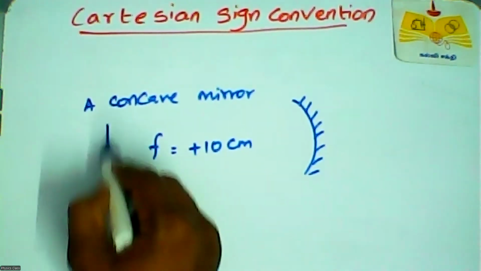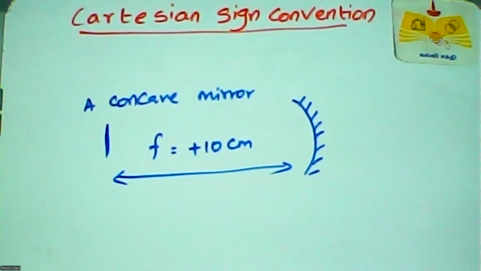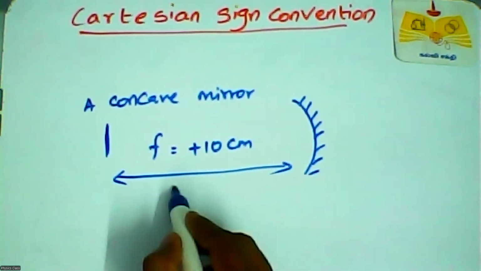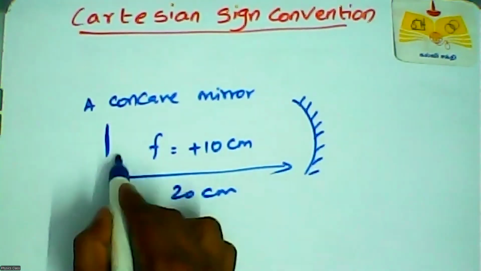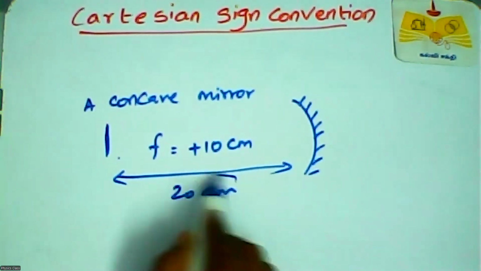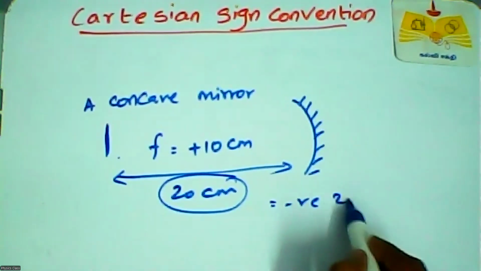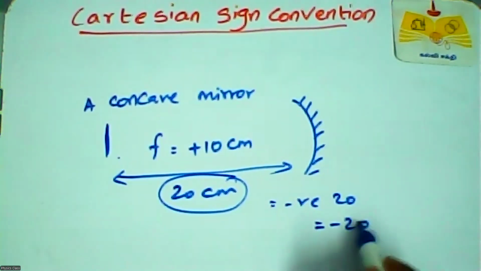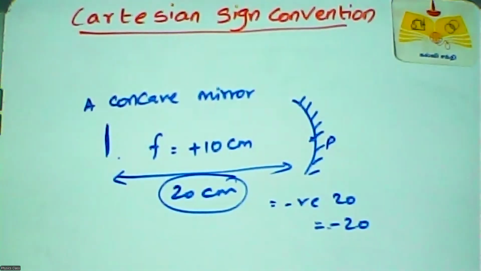It has an object here, a real object placed 20 centimeter in front of the concave mirror. So the object distance is minus 20, because it is measured from the pole to this object.